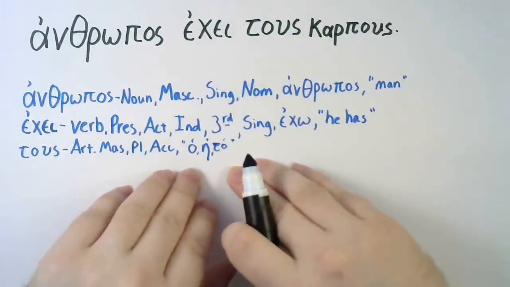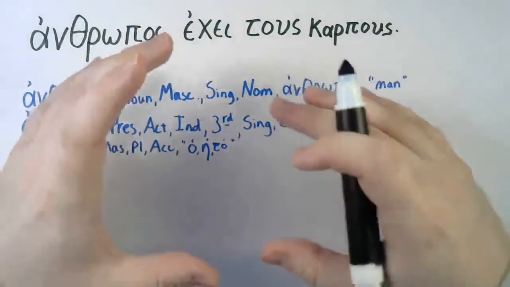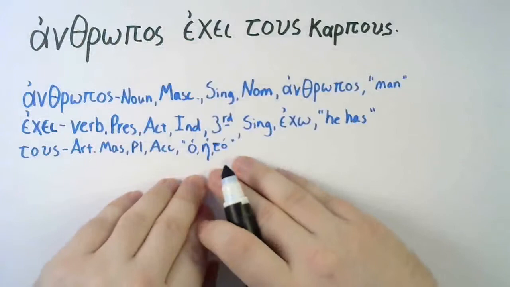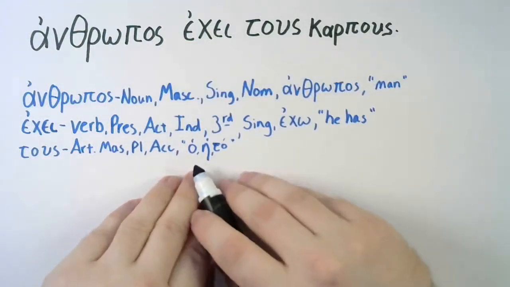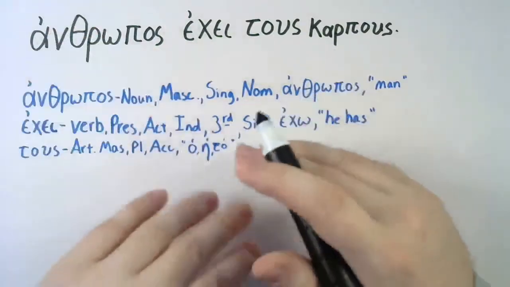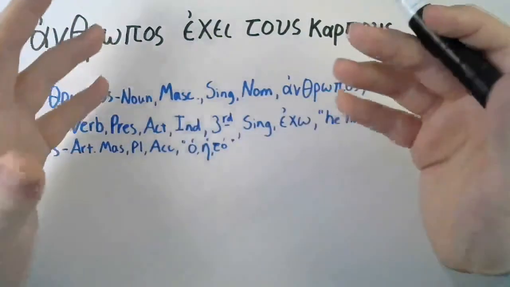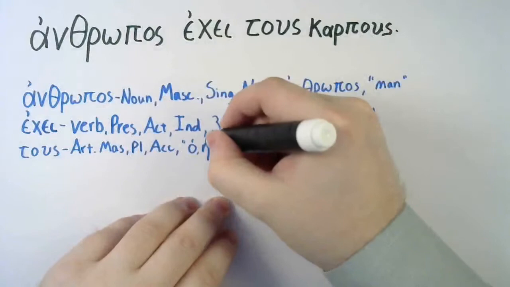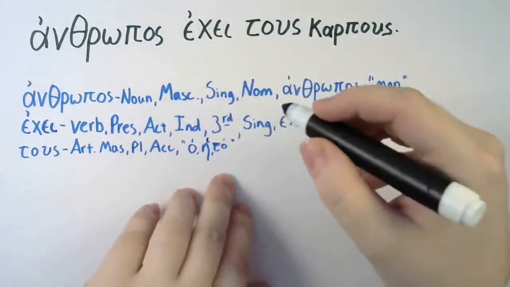They're all three of the articles. So I'll usually just lump them together as the lexical form. You can say ho for this one because it's masculine, or if you wanted he if it was feminine, or to, but I just tend to lump them together, ho, he, to, and try to make your breathing marks distinct. Alright.